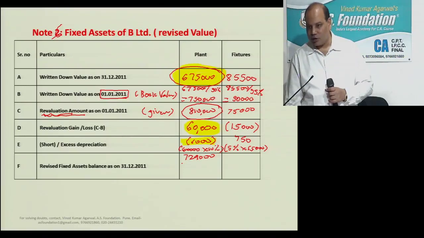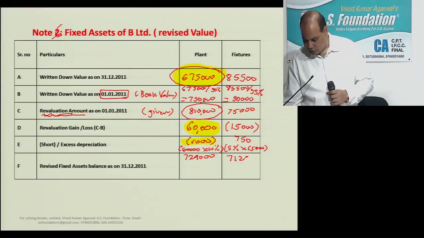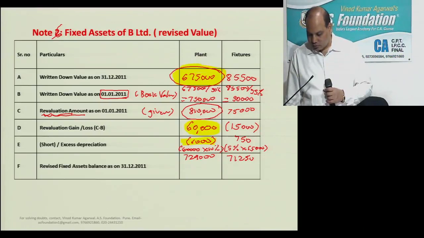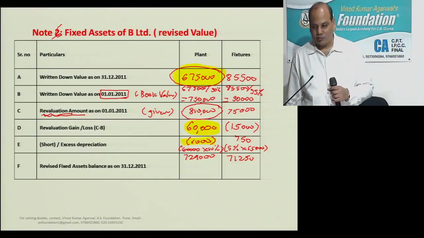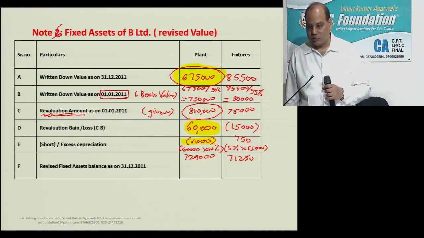Now similarly you tell me in the second column 71,250. Write in bracket 85,500 minus 15,000 plus 750 plus 750. So is it 71,250?